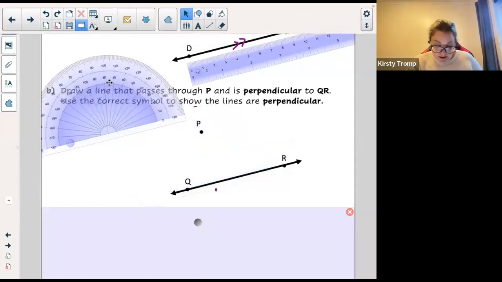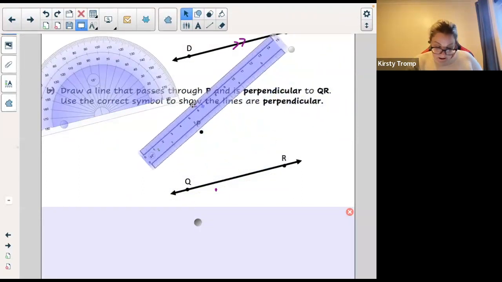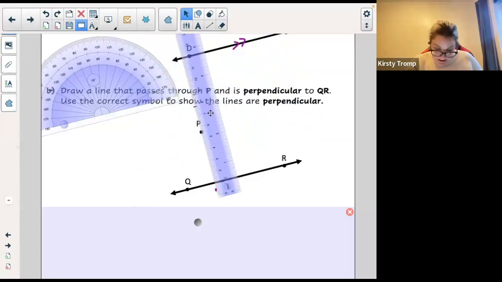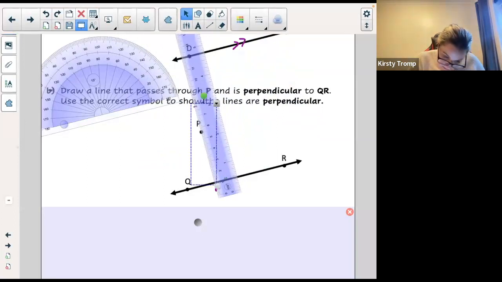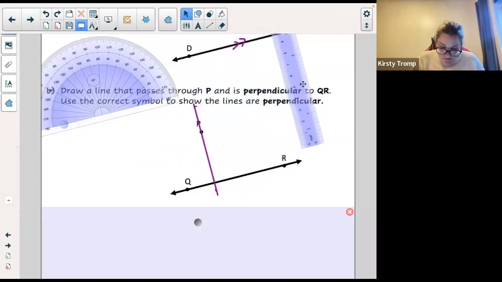Now I'm going to move it. I'm going to bring my ruler here. Turn my ruler around. And I'm going to go and join up those 3 marks. All right. And when I do that, okay, I've got a line that's going through P.